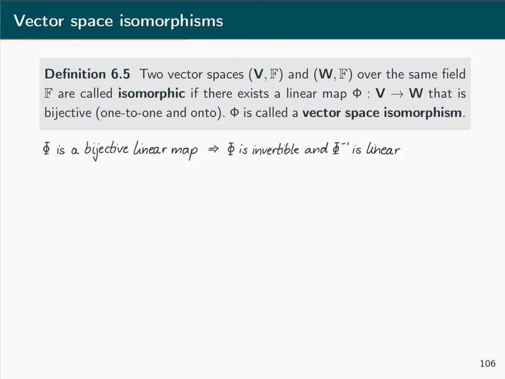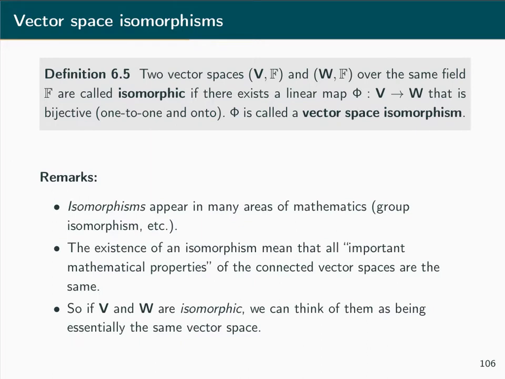Recall that since phi is a bijective linear map, this means that phi is invertible and phi inverse is also a linear map. A few remarks about this definition. You may have heard the term isomorphism before, as it appears in many areas of mathematics.